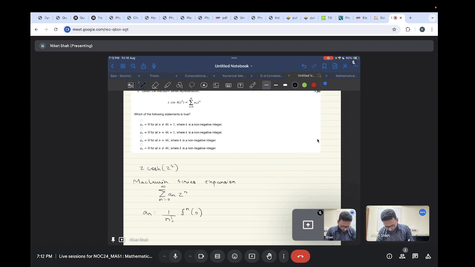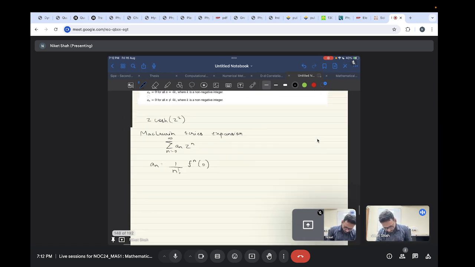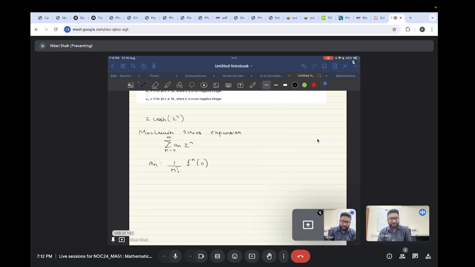So what we'll do is, for z into cosh z square, we'll do a Maclaurin expansion for cosh z square only.